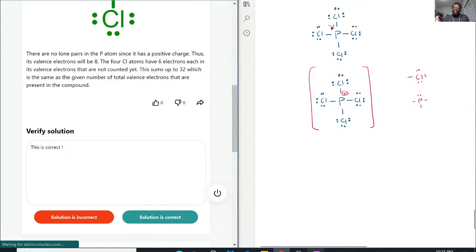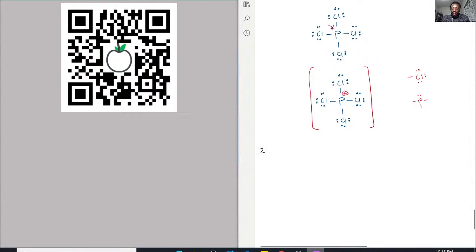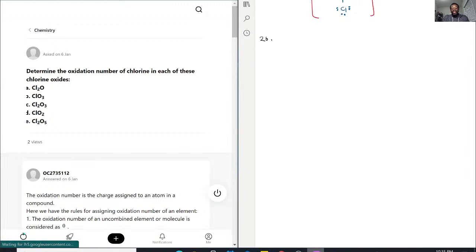So now we move on to question number 20. For 20 we have, determine the oxidation number of chlorine in each of these chlorine oxides. So A, B, C, D, E, and we want the oxidation number of chlorine.